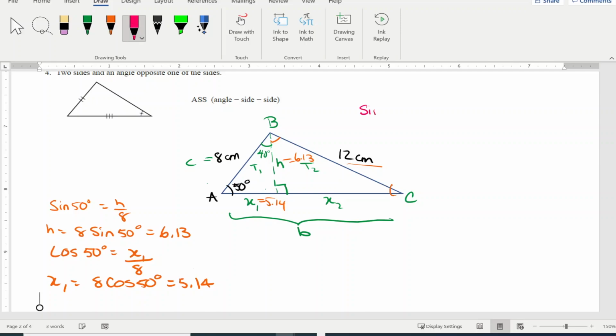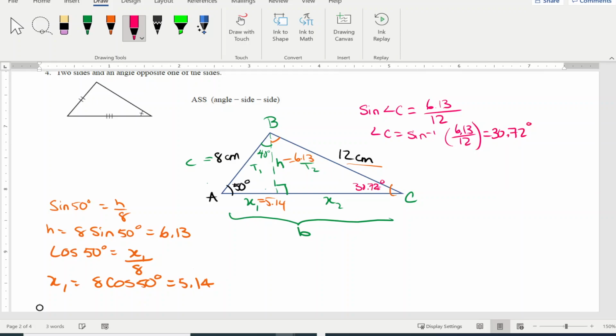We know that the sine of angle C is equal to the opposite, 6.13, divided by the hypotenuse, which is 12, which means that angle C is equal to the sine inverse of 6.13 over 12. So here we get the sine inverse of 6.13 divided by 12, and that gives us 30.72 degrees.